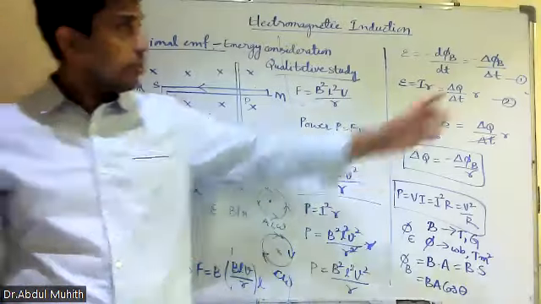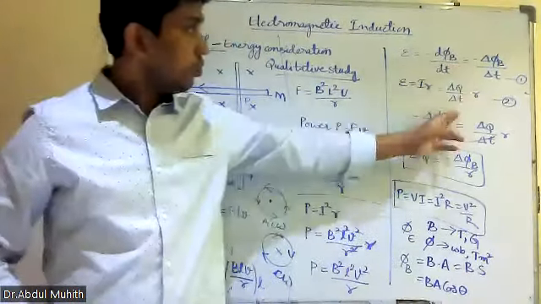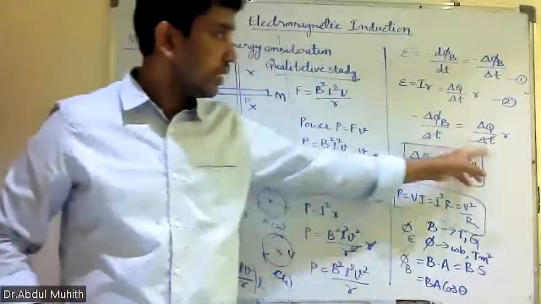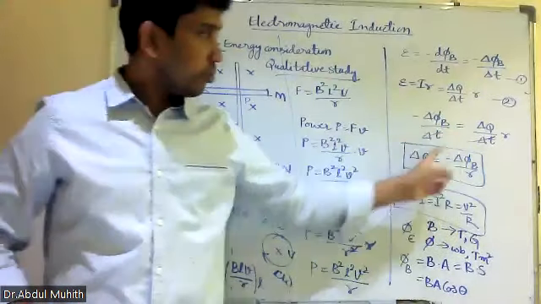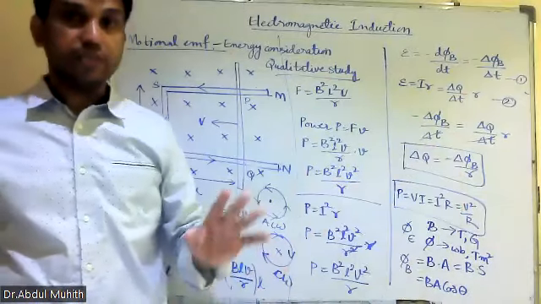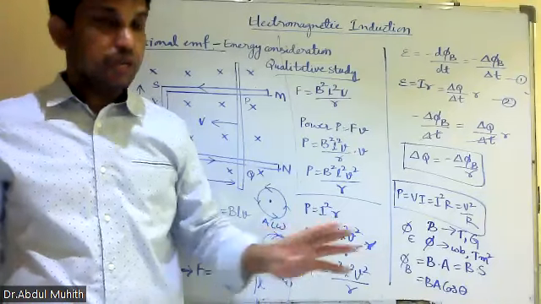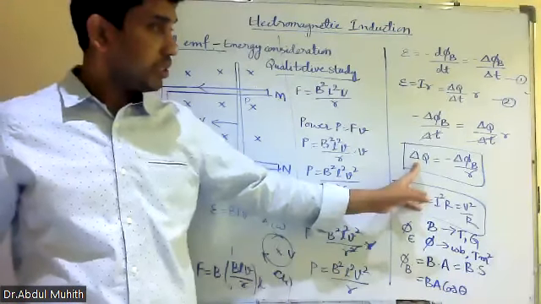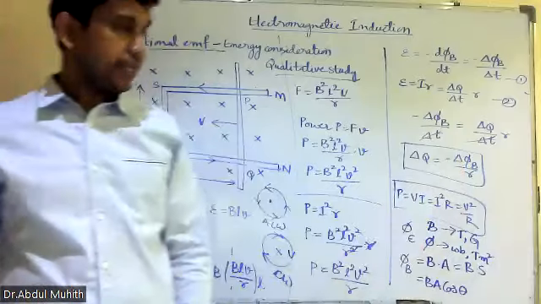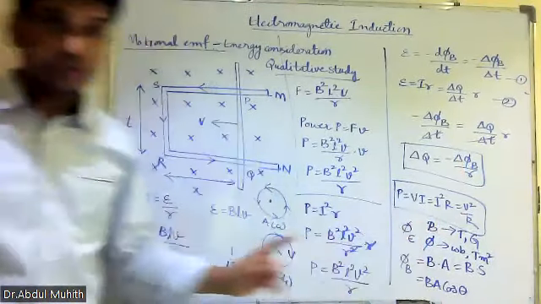When I equated 1 and 2, this delta T goes away. Now cross multiply: delta Q is equal to delta phi B by R. That is the answer. Is that clear? So change in charge is equal to change in flux by the resistance. These are the three formulas.